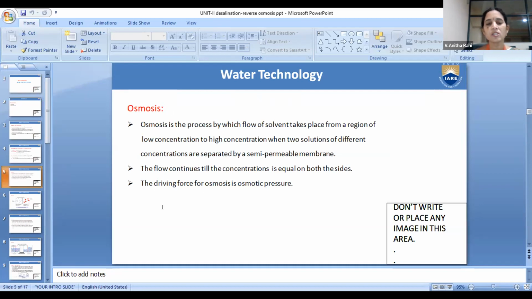This flow of solvent from lower to higher concentrated solution occurs due to the driving force for osmosis, the osmotic pressure.